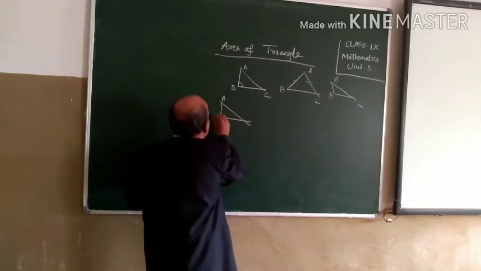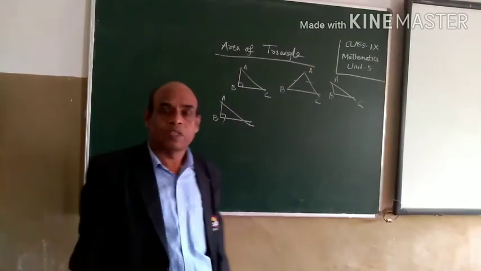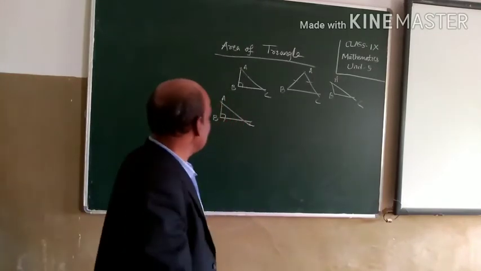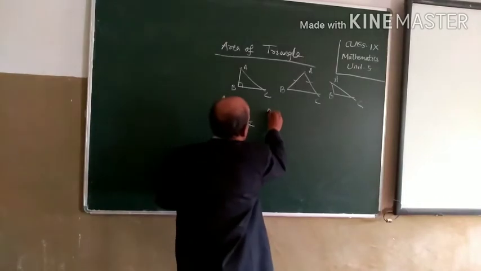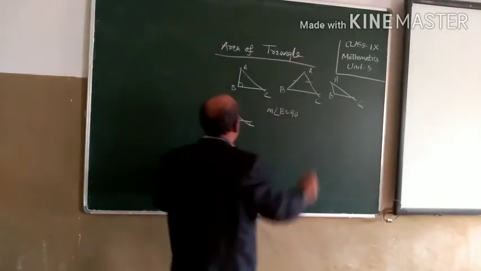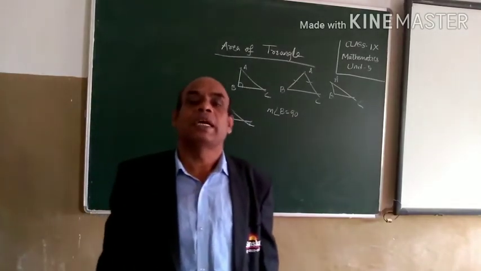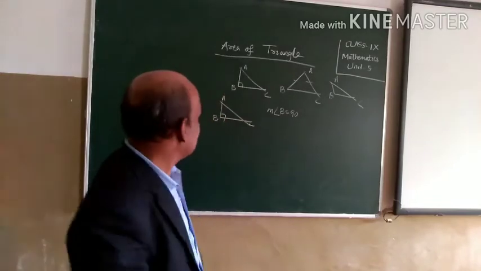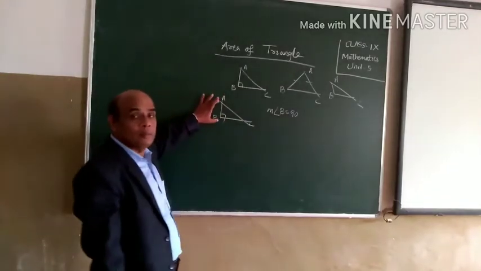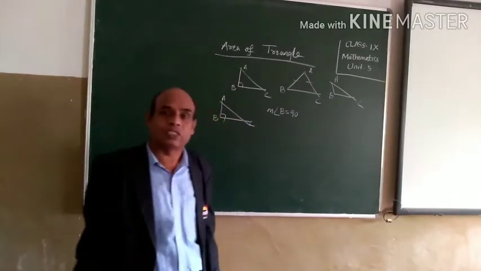Already you can say, if in this triangle angle B is equal to 90 degrees, the measurement of B is equal to 90 degrees, so AC is the hypotenuse, AB is the perpendicular, and BC is the base.